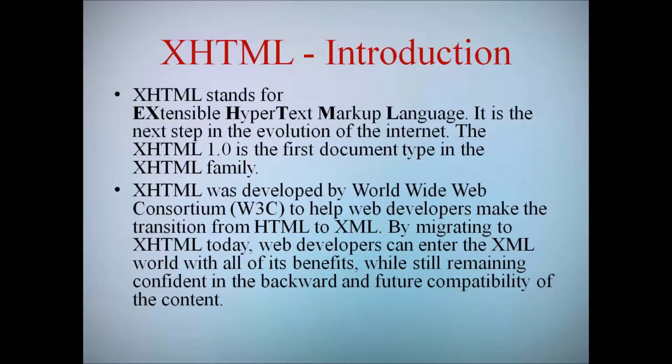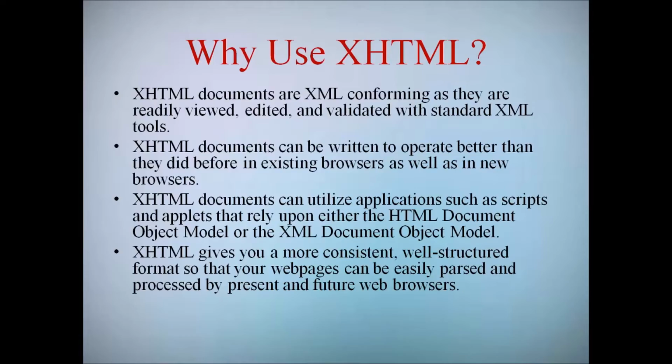XHTML was developed by the World Wide Web Consortium, or the W3C, to help web developers make the transition from HTML to XML. By migrating to XHTML today, web developers can enter the XML world with all of its benefits, while still remaining confident in the backward and future compatibility of the content.